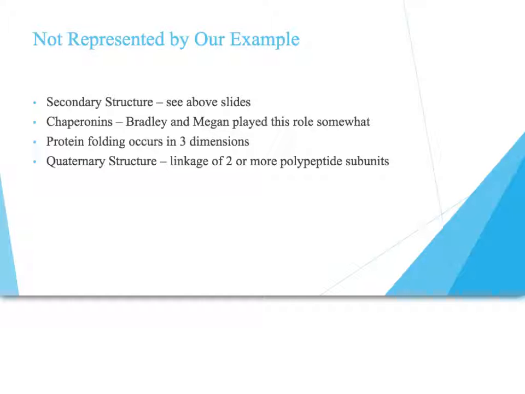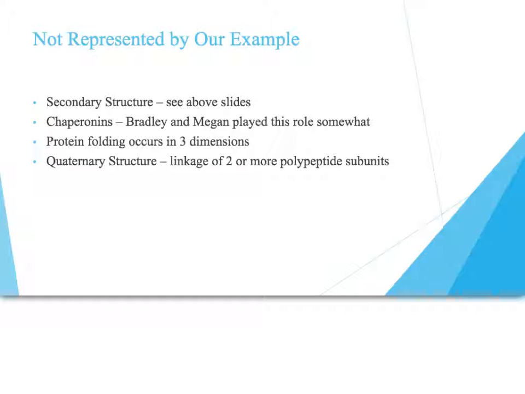We also did not represent completely the chaperonins, the proteins that assist in the folding of other polypeptide chains. Now, Bradley and Megan, who didn't have cards, tried to assist at least one of the polypeptide chains in their folding. However, chaperonins are very large and the entire polypeptide fits inside almost like fitting into a barrel. And they clearly did not play that role completely, but they did assist each, or one of the teams anyway, in folding properly.